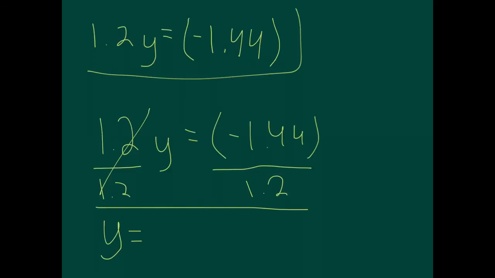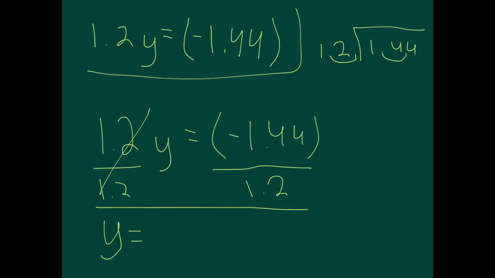So then we'll need to do 1.44 divided by 1.2. So we'll need to move your decimal place to get this a whole number. Same thing on this side. So our new problem really is 144 divided by 12.